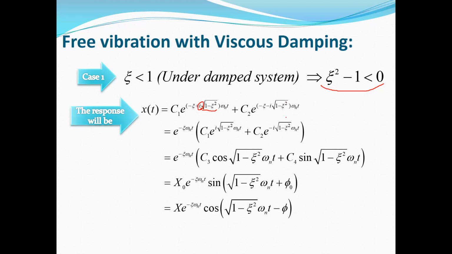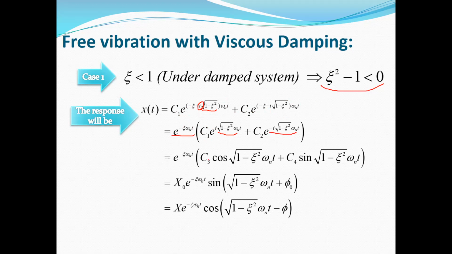We can expand this term. The real part, which is minus psi omega n, can come out of the parentheses, and we will have exponential of the real part times t, multiplied by c1 exponential of the imaginary part plus c2 exponential of the imaginary part times t.